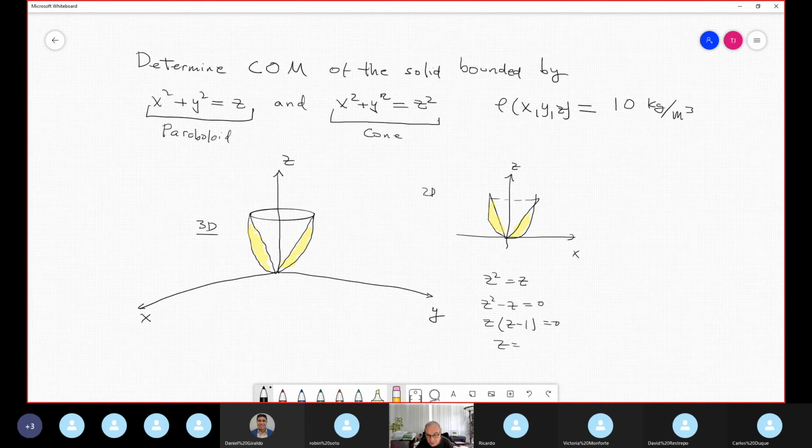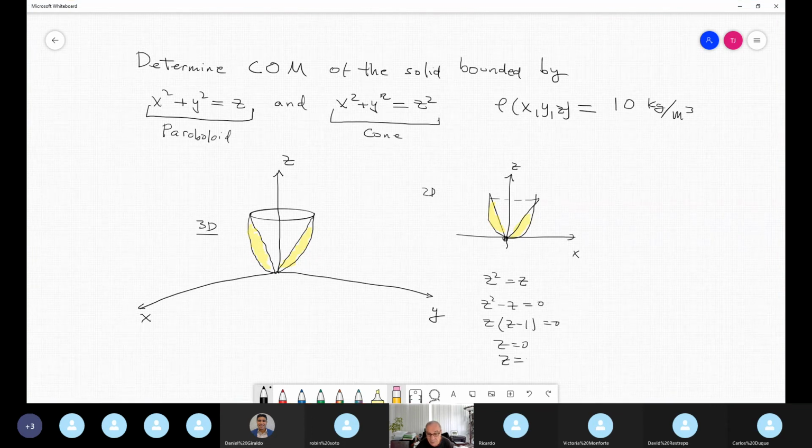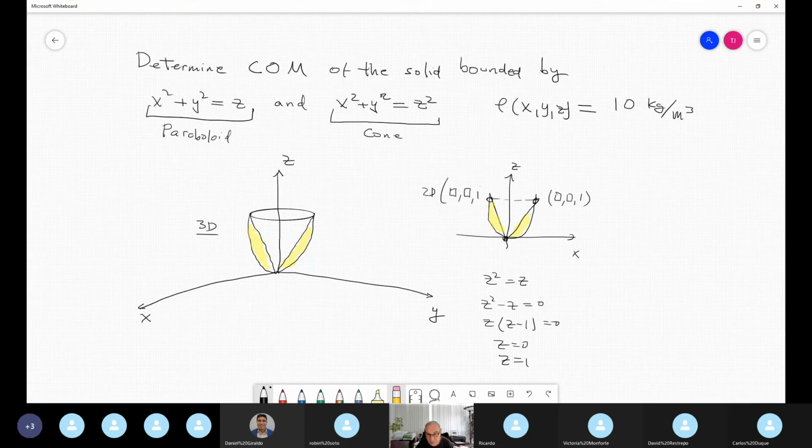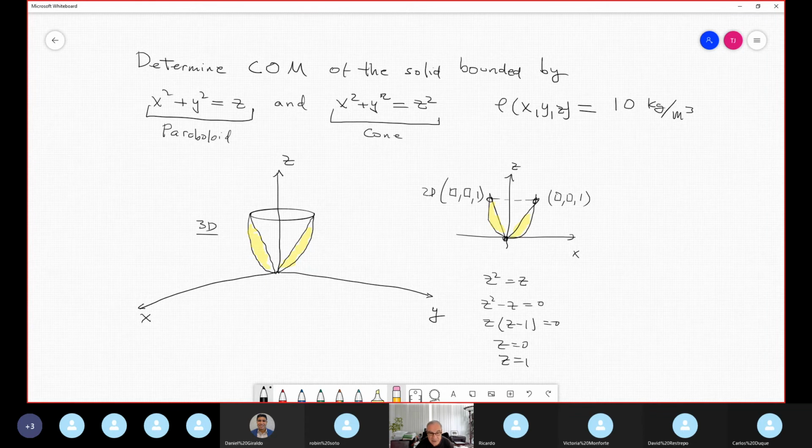So we have two solutions, z equals 0, which is this point, and z equals 1, which is this point. So I suppose that this point is something, comma, 1. And this is something, comma, 1. This level is z equals 1.